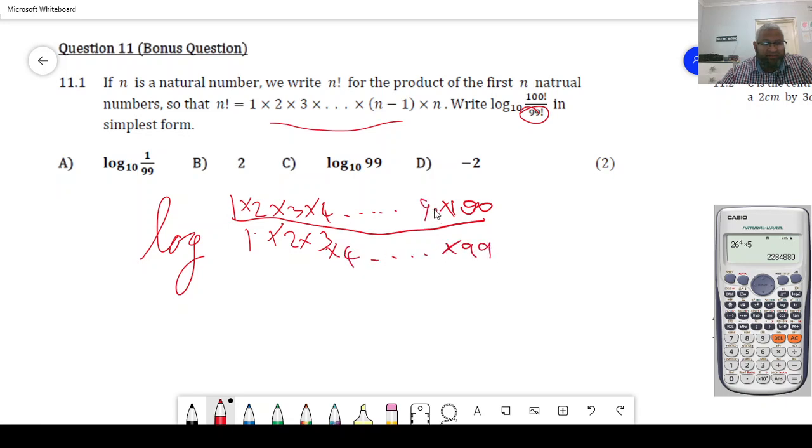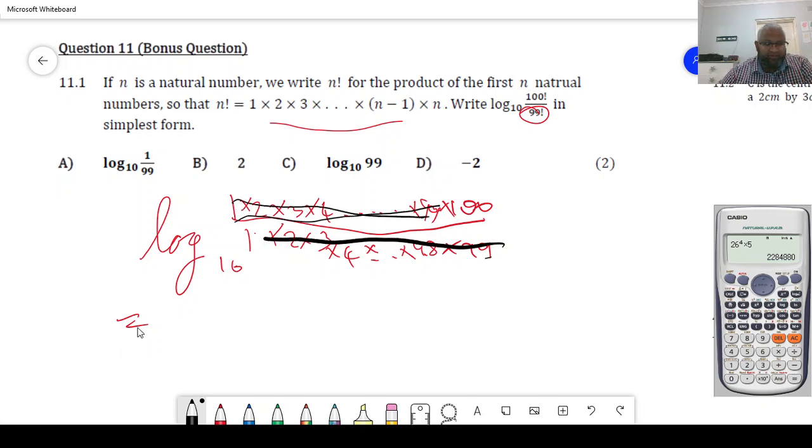Remember the number prior to 100 is 99, then 98 and so on. So what happens now is that 1 cancels 1, 2 cancels 2 and so on. All of this here would cancel each other out basically.